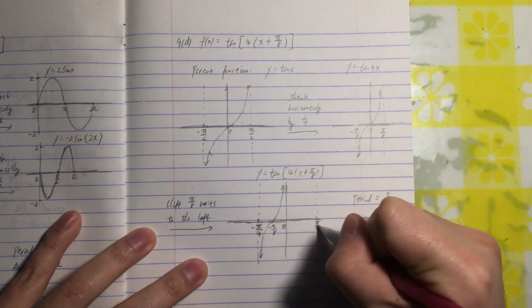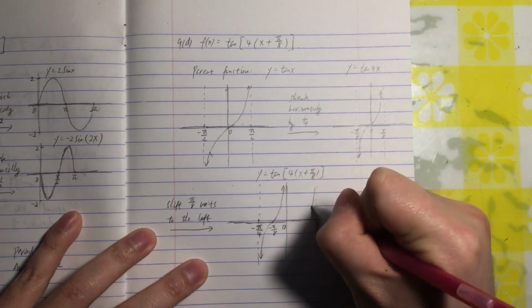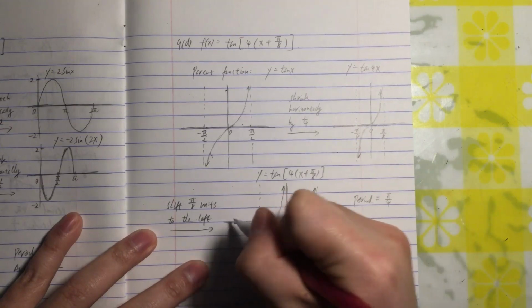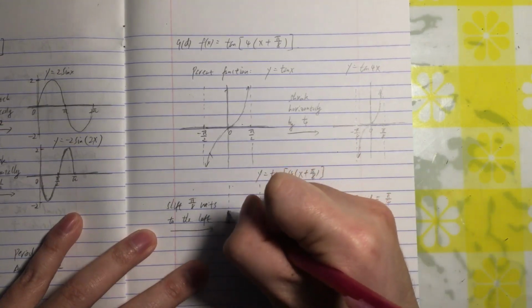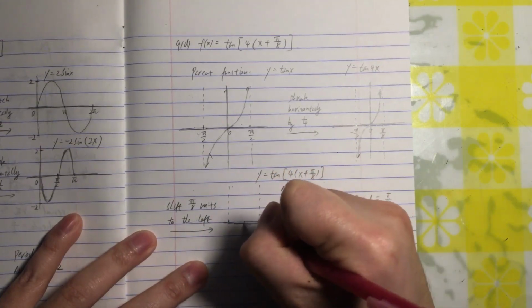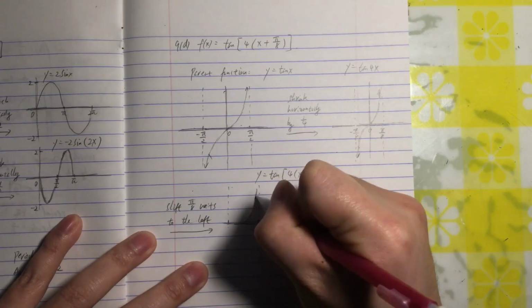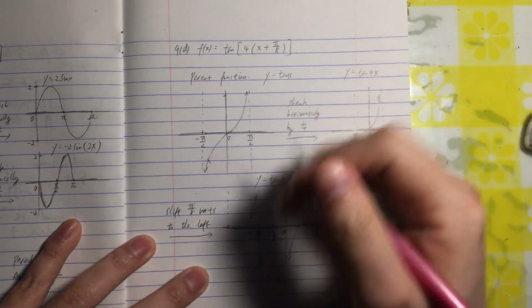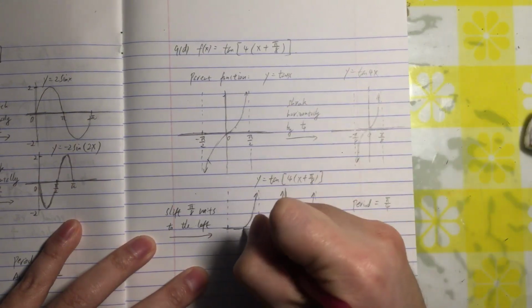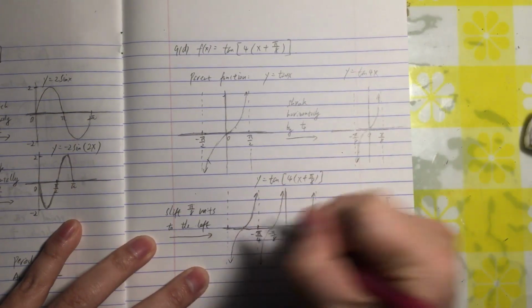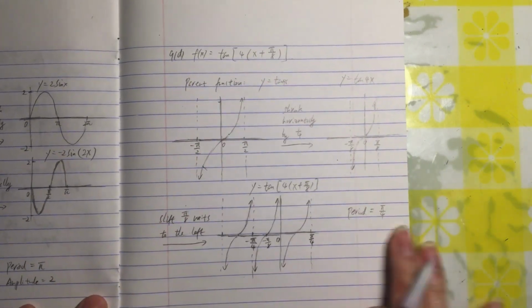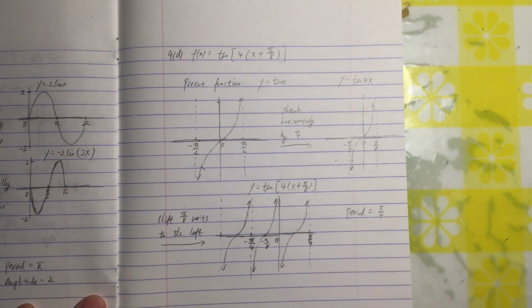We have another piece on the left and another piece on the right. There are infinitely many such pieces. That's the graph of this function. That's its period. Only sine and cosine have amplitude. The rest of the functions don't have amplitude.